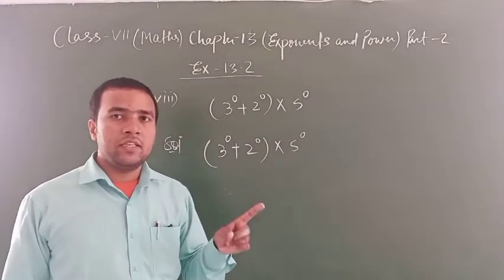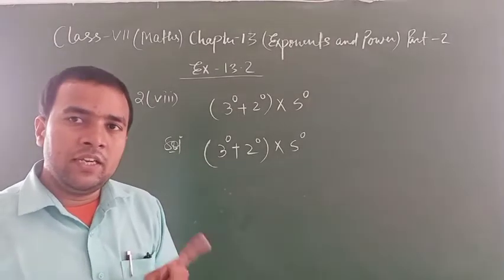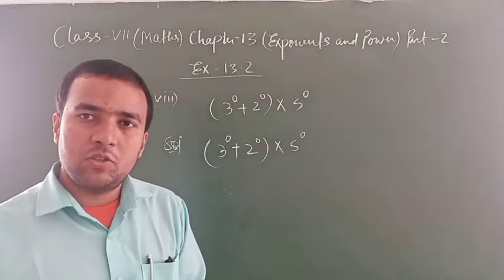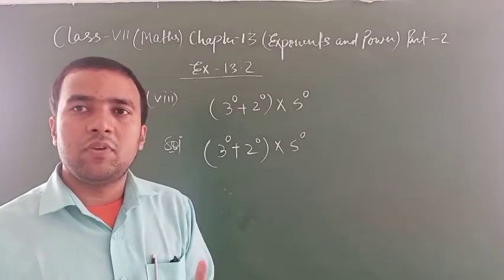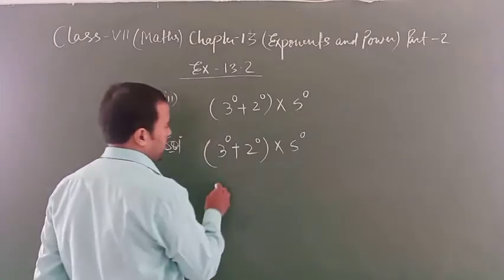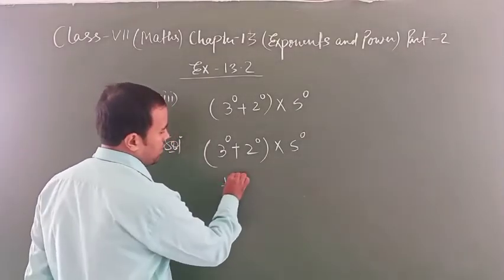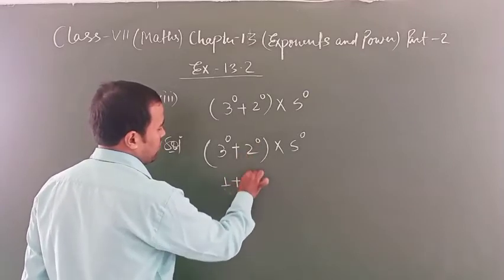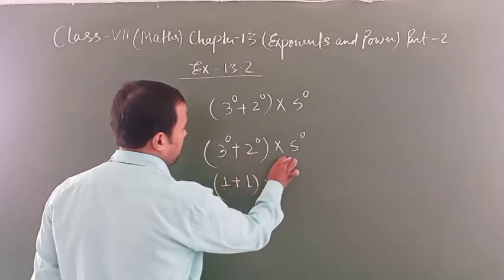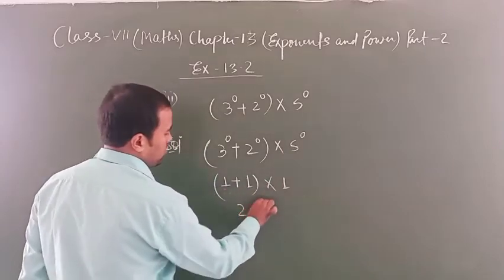If any number's power is given as 0, that value will be 1. So 3 power 0 means the value is 1, plus 2 power 0 means 1, into 5 power 0 means 1. So 1 plus 1 is 2, into 1 into 1.